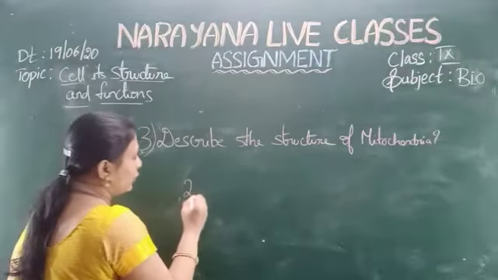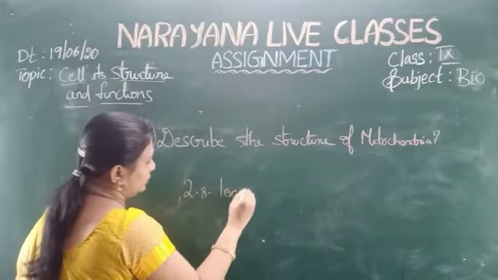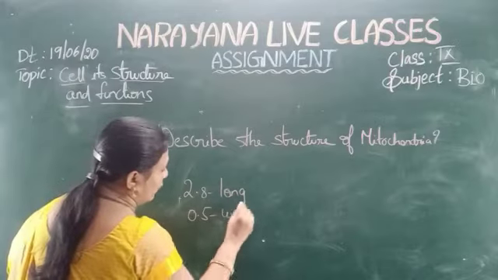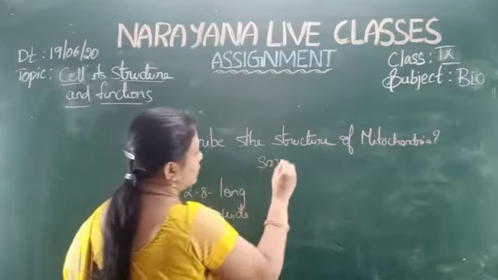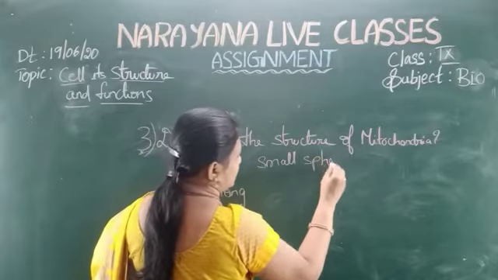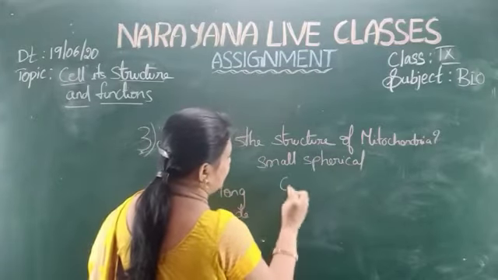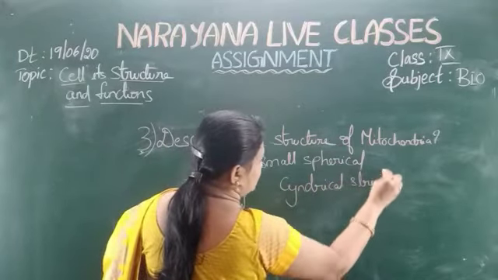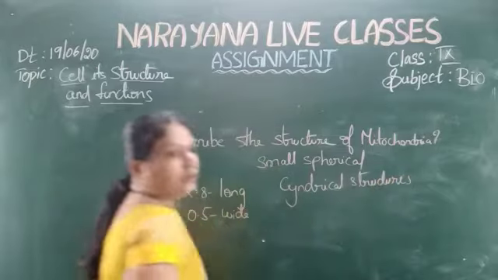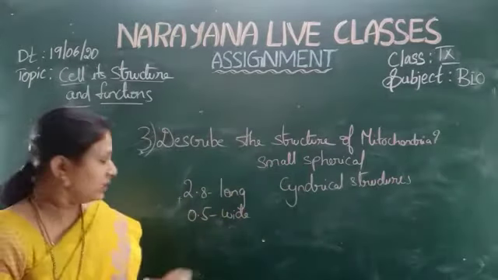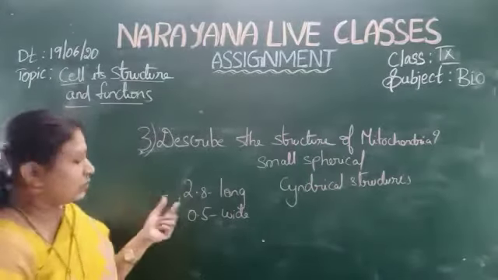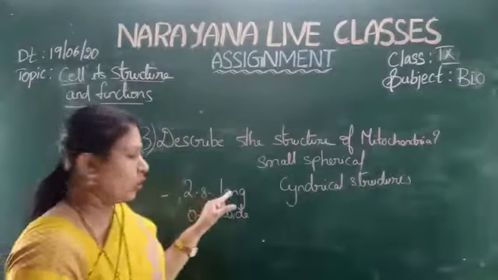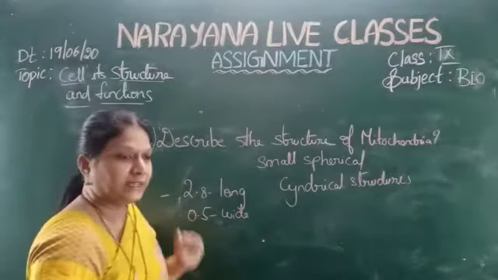They are 2.8 long and 0.5 wide, small spherical or cylindrical structures present inside the cell. So the size of mitochondria is 2.8 long, 0.5 wide.